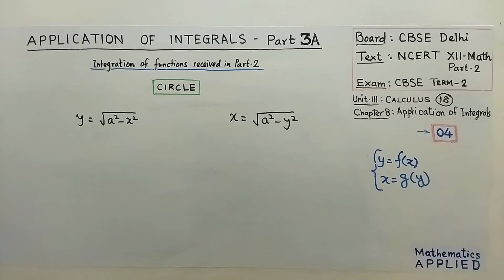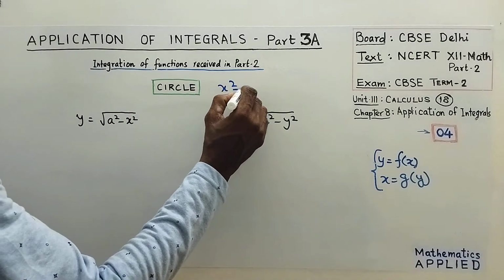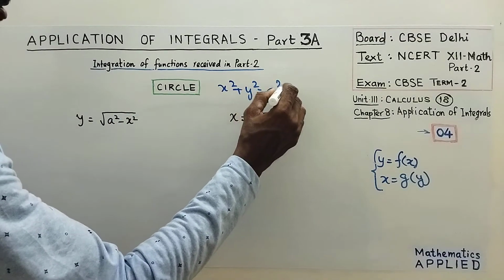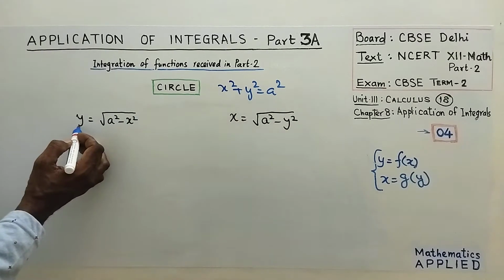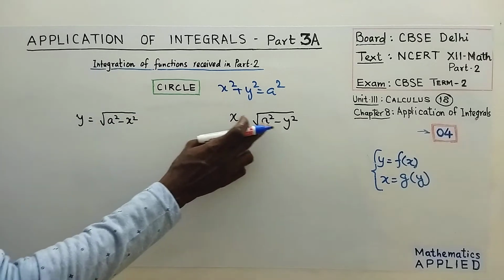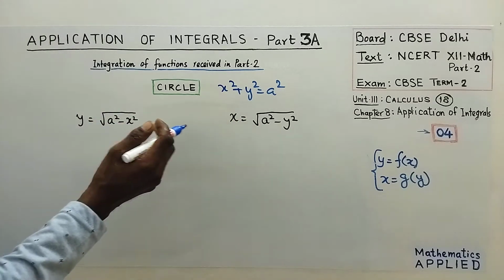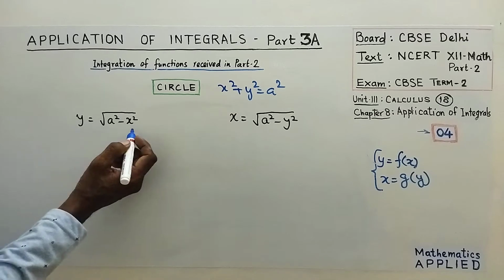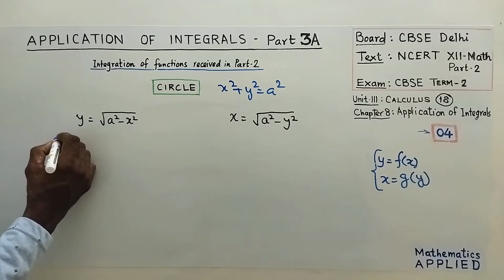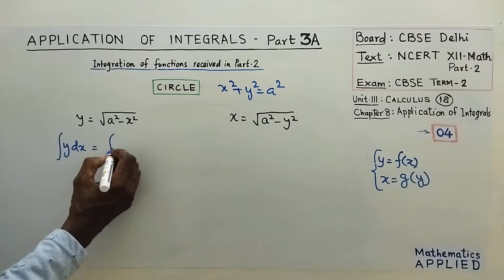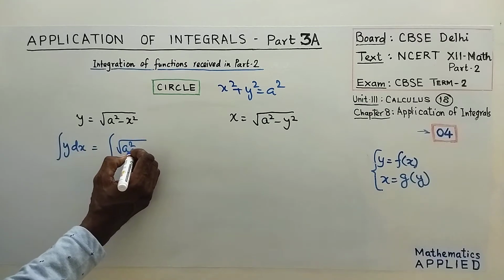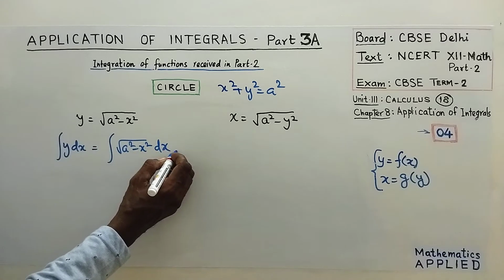In a circle, we had only one equation, x square plus y square equal to a square, and this we have converted as y equals f(x) and x equals g(y). So we have to now know what is the integration of this. If you integrate y with respect to x, because this is a function of x, integral of root over a square minus x square dx.